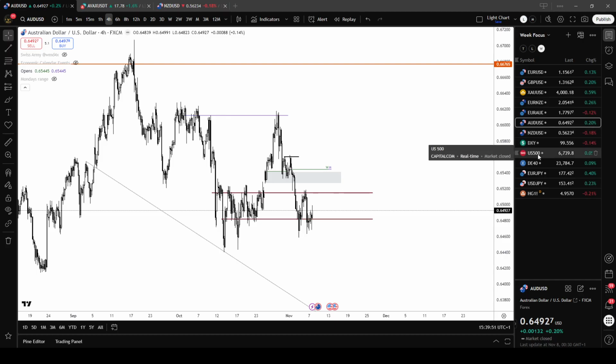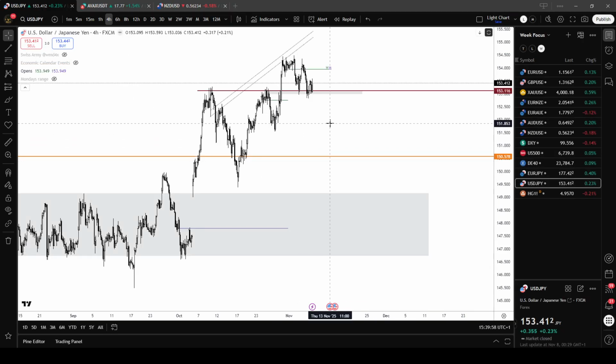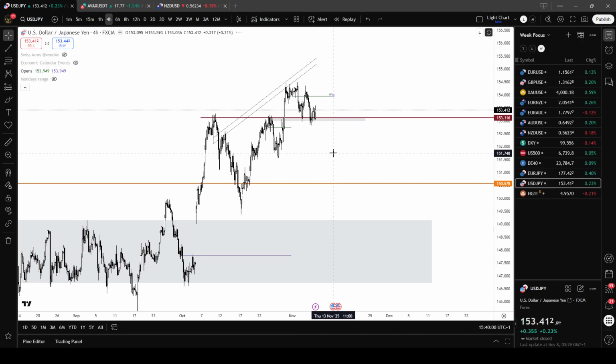Now let's finish the review by looking at USDJPY, because I've been following this one ever since we had this gap to the upside here.